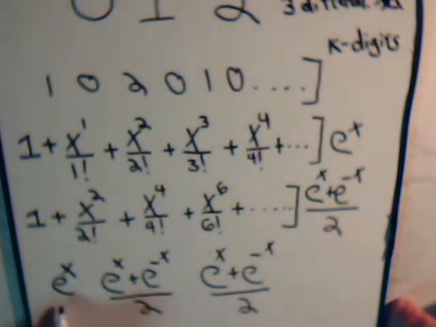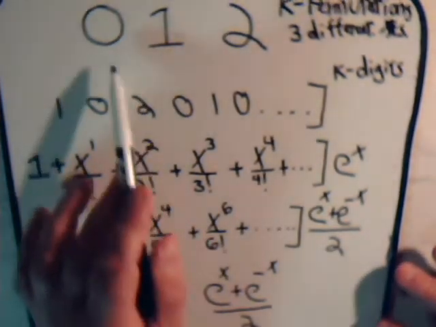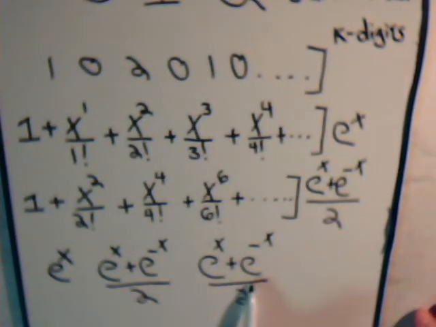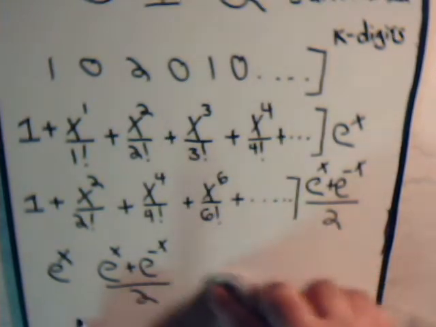That's the generating function for 0. That's the generating function for 1. That's the generating function for 2. We want to consider all three numerals together. We multiply all the generating functions together. So we're going to have e to the x times this squared. So we can write it like that.